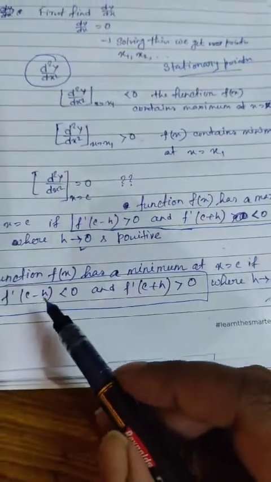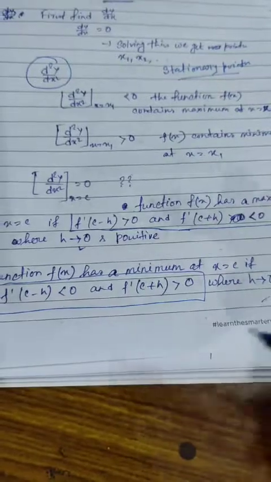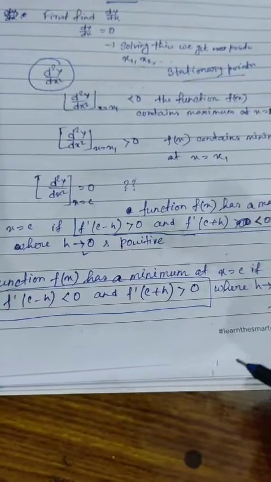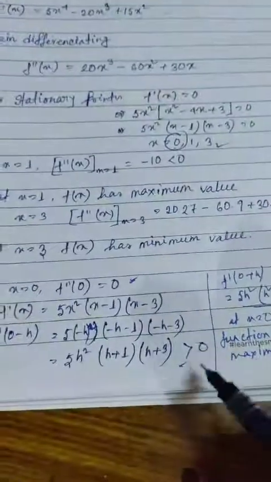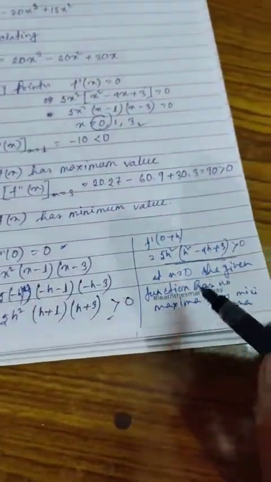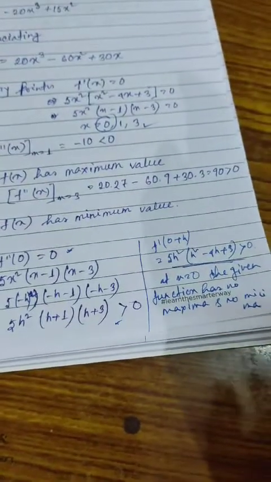And if f'(0 − h) is less than 0 and f'(0 + h) is greater than 0, then at x equal to 0 the function has a minimum value. Here there is no change of sign, so at x equal to 0 the given function has no maxima and no minima.